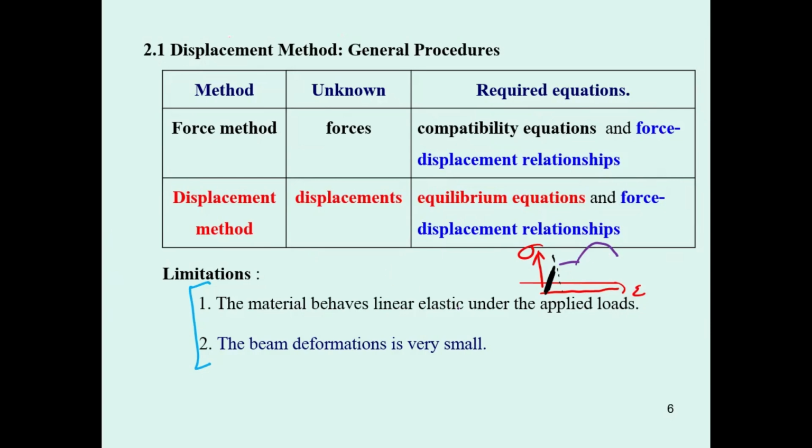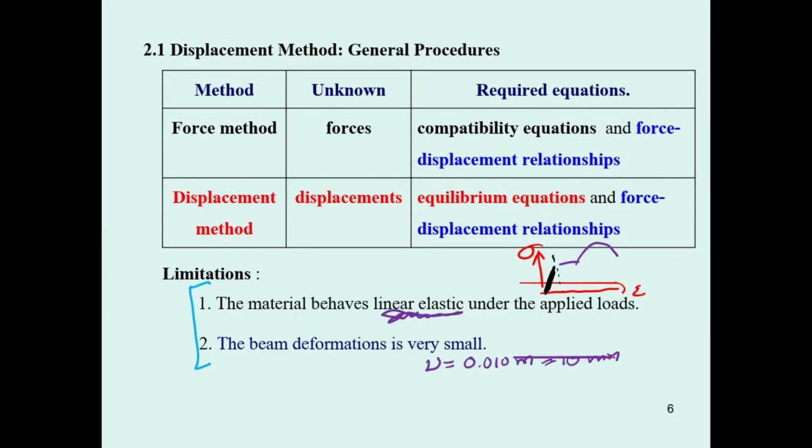And since we are only interested in linear elastic, the deflection is going to be very small, such as 0.010 meter, or 10 or 20 millimeter. It's not going to be 100 millimeter or 200 millimeter for sure. If you get that, redo your calculation.